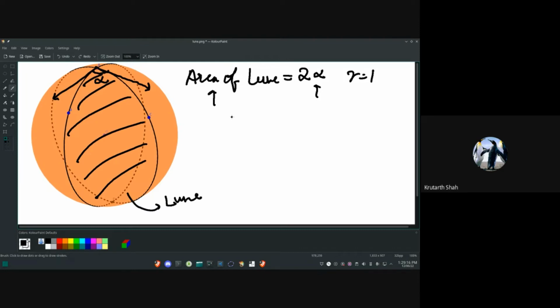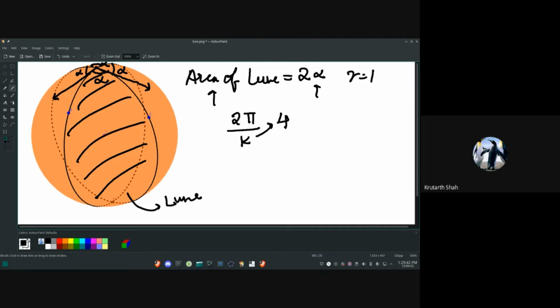So we take a loom of angle 2 pi by k for some integer k. For example, for k equals 4, we split this sphere into 4 equal quarters. So you'd have equal looms, so they'd have equal areas, right?